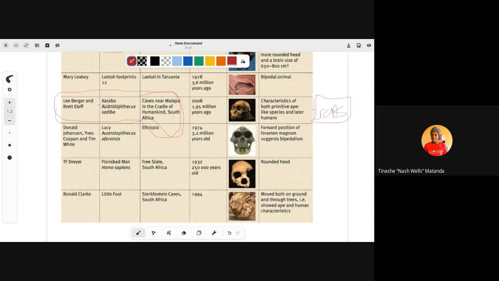So Karabo was basically the one who brought the transition into the current homos that we have, the Homo habilis, Homo neanderthals, or Homo erectus, and the Homo sapiens. They all came after Karabo. Okay, and that is the reason why Karabo is so special. And she was found in the Cradle of Humankind, which is why they concluded that everything just comes from Africa, even though it has not yet been fully proven.